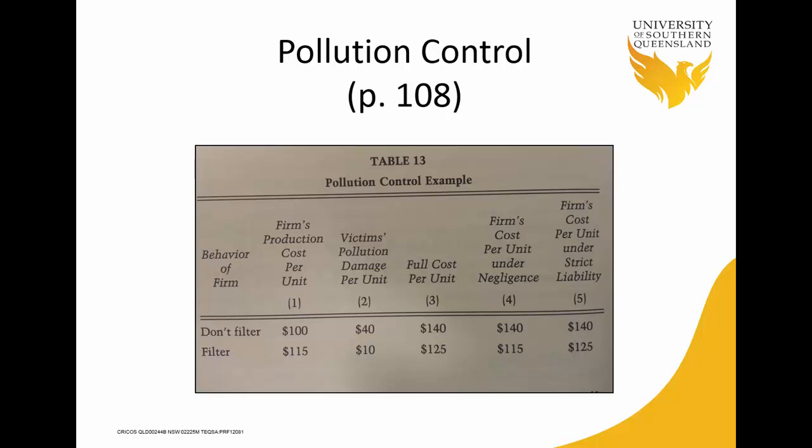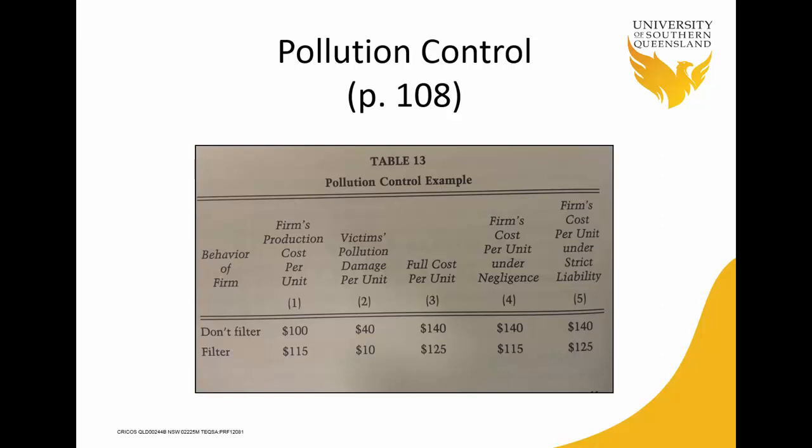So we're saying there are two types of behavior for the firm, so they have to choose either to filter or not to filter. Okay. Now if they choose not to filter, their production cost per unit will be assumed to be equal to 100. If they filter, then that goes up to 115 again per unit.